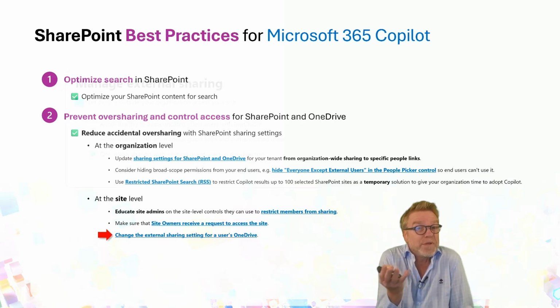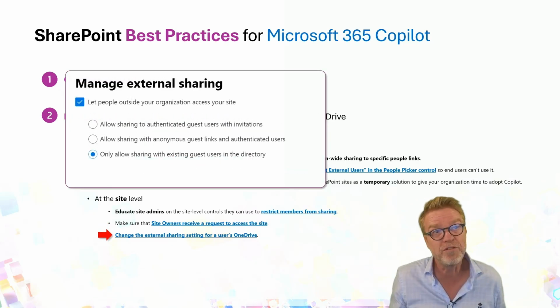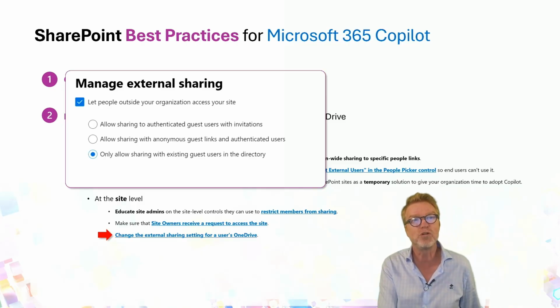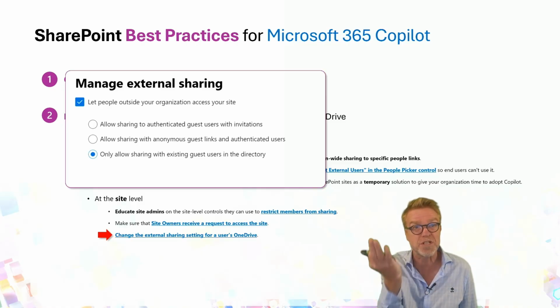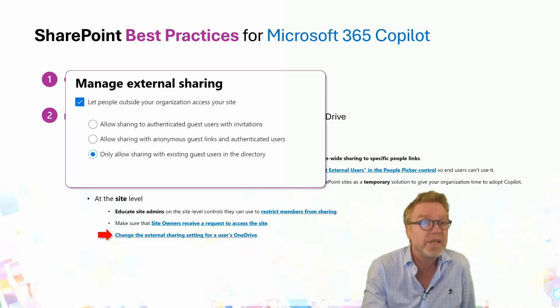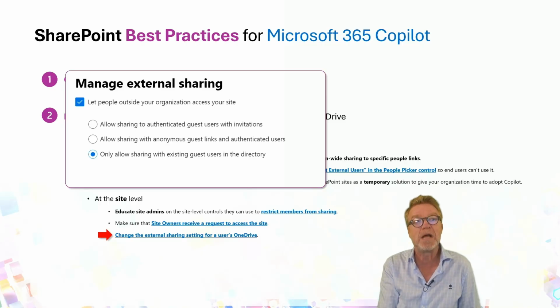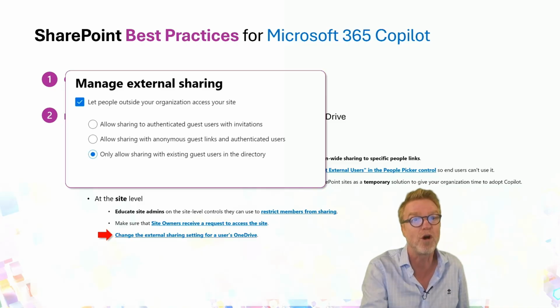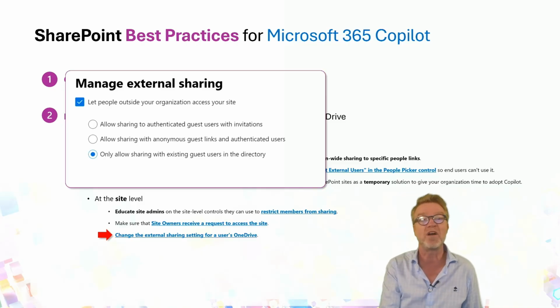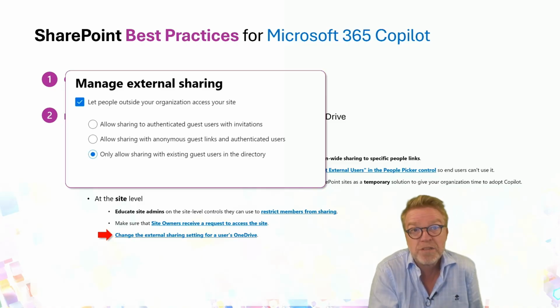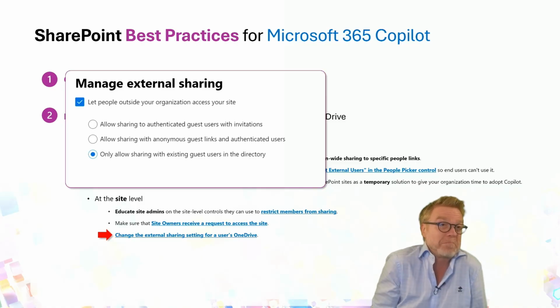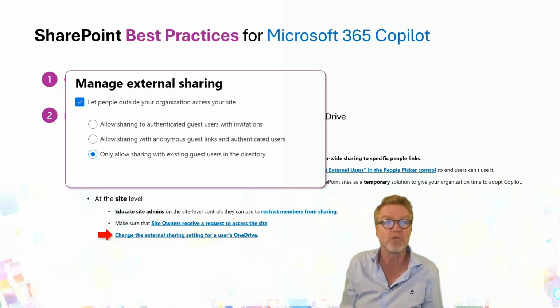And then when we talk about OneDrive at the site level, again, make sure that there you specify who can let people outside of your organization access a site, about external sharing, and to which kind of users we allow people to share their OneDrive content. And typically you could say, well, whomever they choose, because at the end of the day, it is the user who is responsible for his own OneDrive.